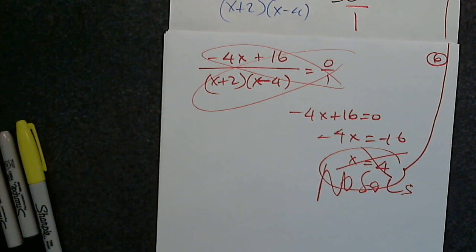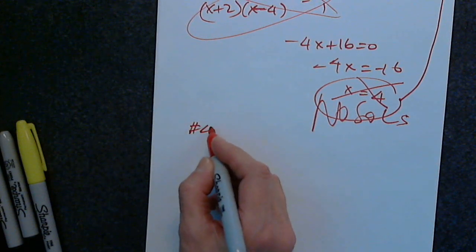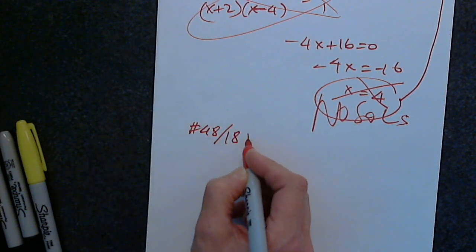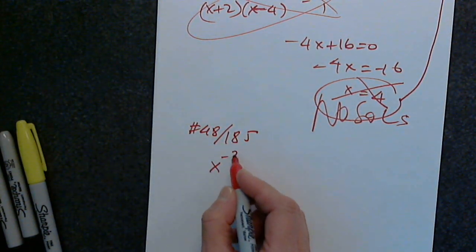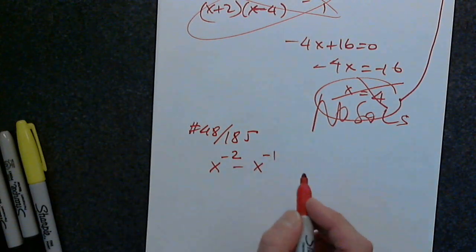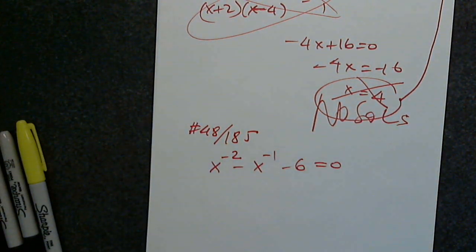So let's take a look. Those come from section 1.6. Okay. So let's look at 48. Page 185. X to negative 2 minus x to negative 1 minus 6 equals 0.